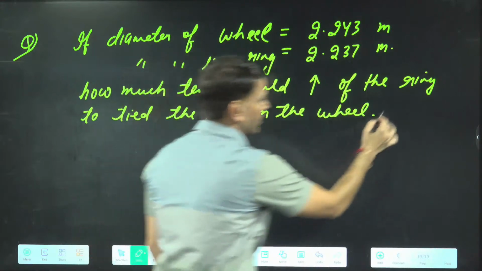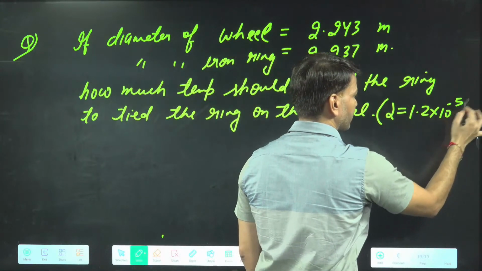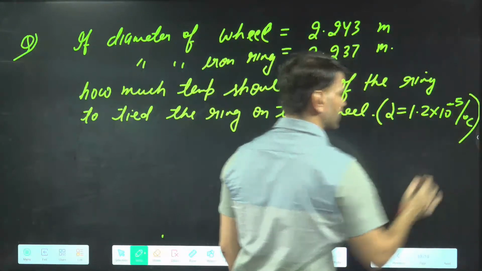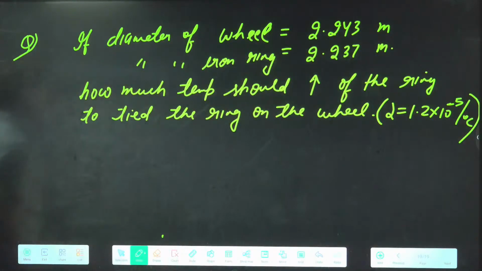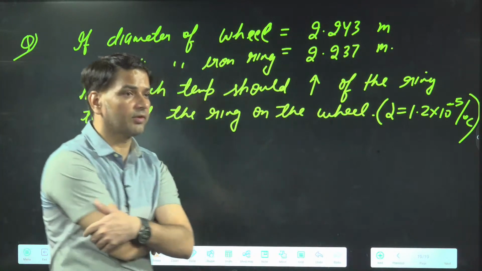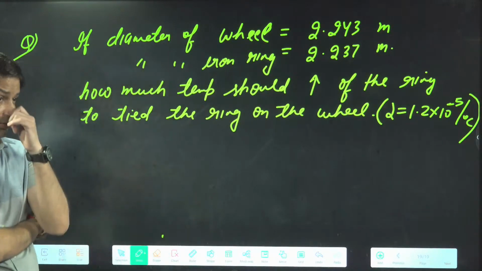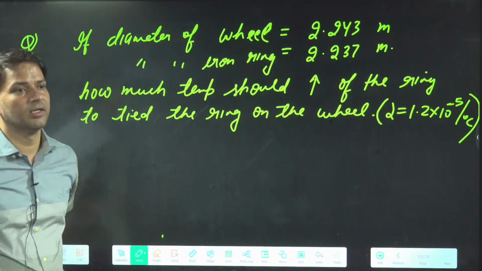If alpha of iron I am giving, alpha is equal to 1.2 into 10 to the power minus 5 per degree C. Tell fast, what is the answer? If the diameter of the wheel I have given is 2.243 and the diameter of the iron ring is 2.237, how much temperature do you have to increase to tighten the ring on the wheel?